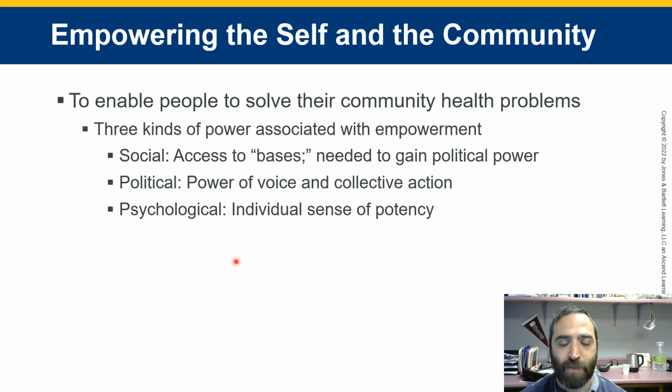And so there's three types of power that are outlined here. Social power, or social empowerment, refers to the ability to gain access to information. Where are health clinics? Where are schools? Where are hospitals? If I wanted to learn how to fix my car, how do I gain that? So that's needed in order to gain political power, which is about having a people group's voice heard.